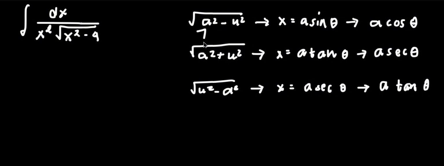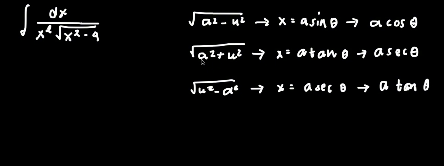Basically, this is the constant, and this is the u. If we have a constant before the variable, or the u, then our x would be equal to a sine theta, and it yields a cos theta.